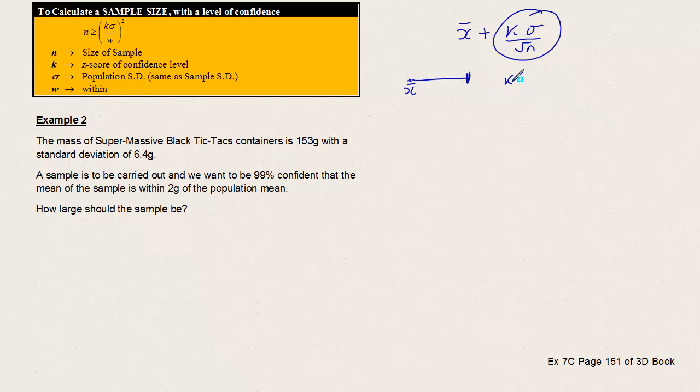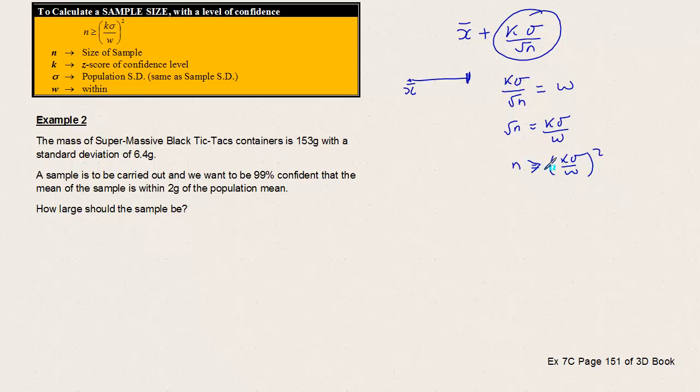So k sigma over root n, we want to be a particular width in any given situation. So rearranging, root n is k sigma over w, and therefore n is k sigma over w all squared.